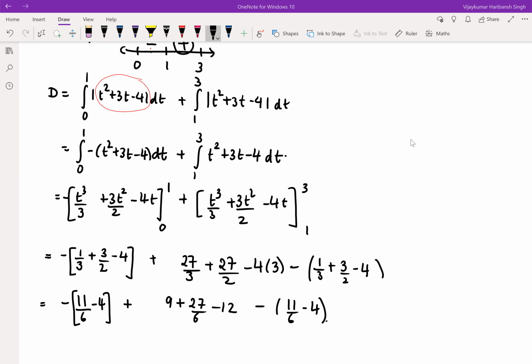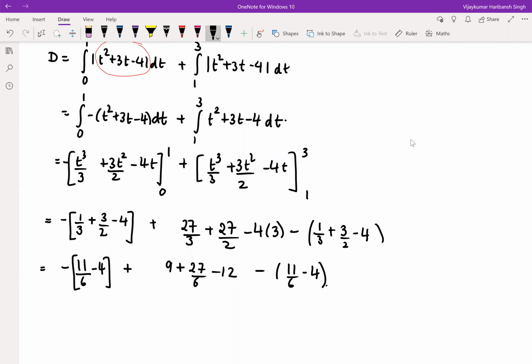So what is 11 by 6 minus 4? It is 11 minus 24, which is minus 13 by 6, times 2, because you have the same thing here.